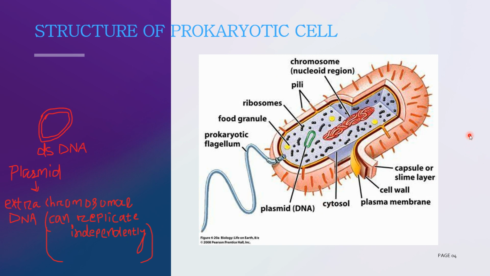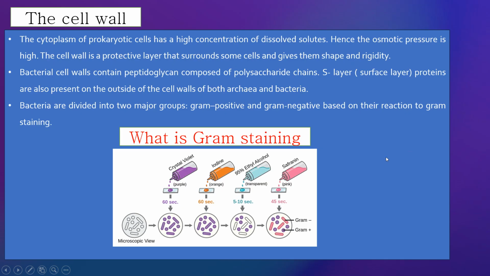Then the cell wall. The cell wall is the outermost covering layer of a cell. The cytoplasm of a prokaryotic cell has a high concentration of dissolved solute, hence the osmotic pressure is high.